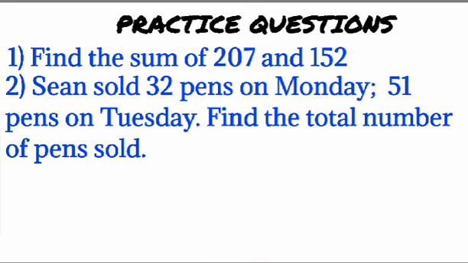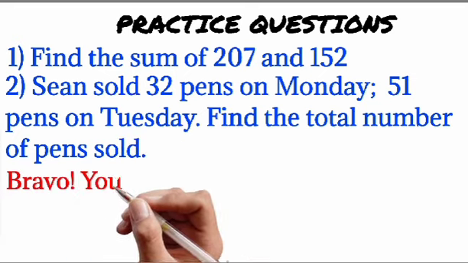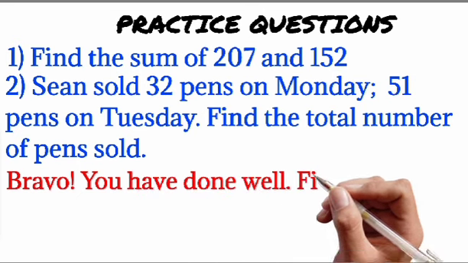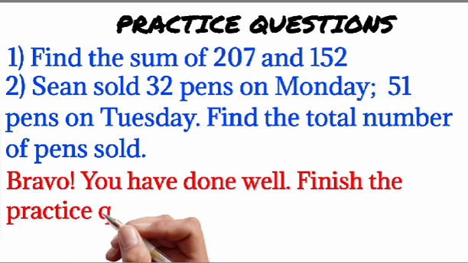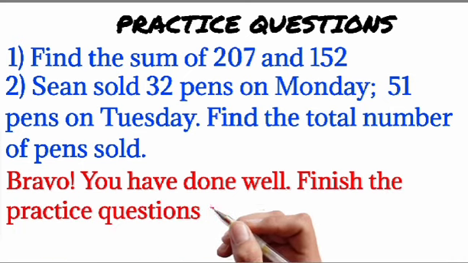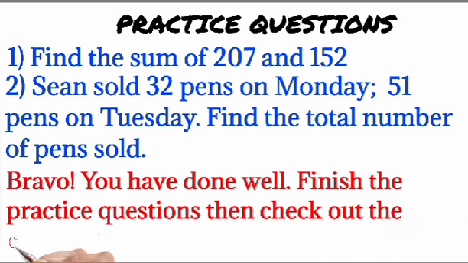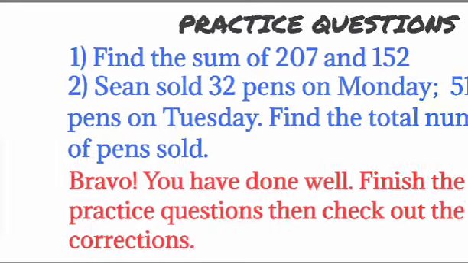Find the total number of pence sold. So please pause the video and do this work. It's just 2 questions. Remember your words, sum and the total. You should know what it means by now. So once you're done with the practice question given to you, then you can continue. Just pause it, finish your work and go to the correction.